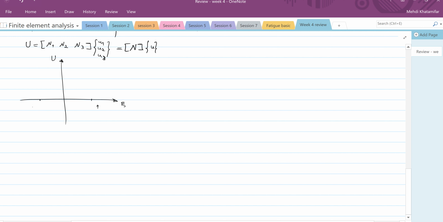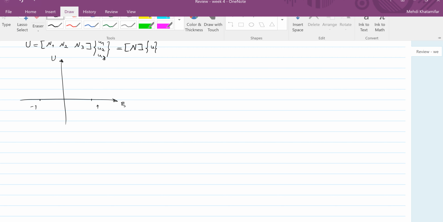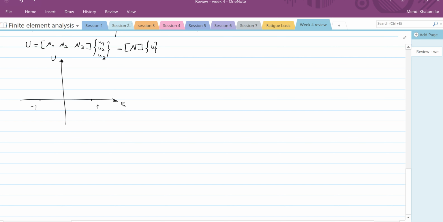As you can see, it's really easy working with the local coordinate system, or normalized coordinate system. You already know that we should have u1, u2, u3. Otherwise, I can't write. So let's assume u1 is 2, u2 is -1, u3 is 3. So these are, for example, our assumptions.